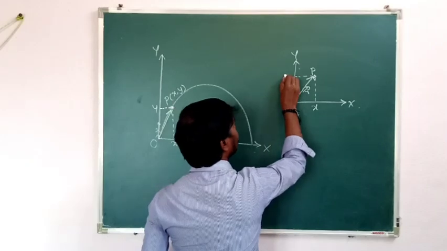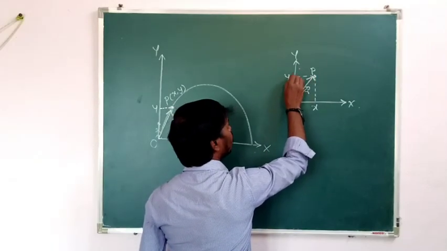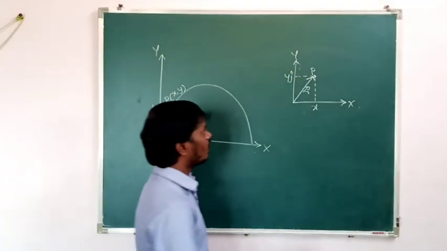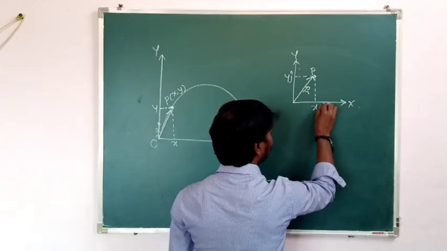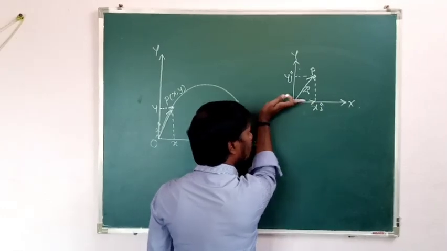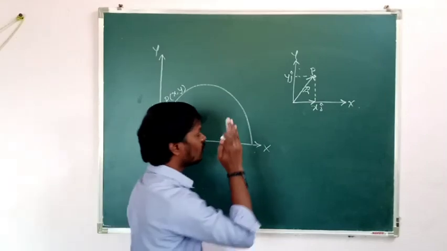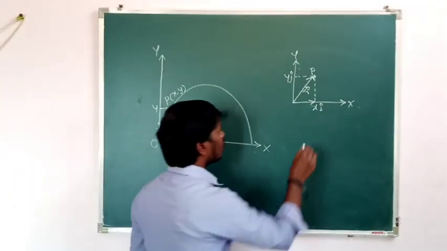The position of the object along the positive y-axis can be determined by the unit vector j, and the position along the x-axis can be determined by x times the unit vector i. So the shot put is along the positive x-axis and along the positive y-axis.